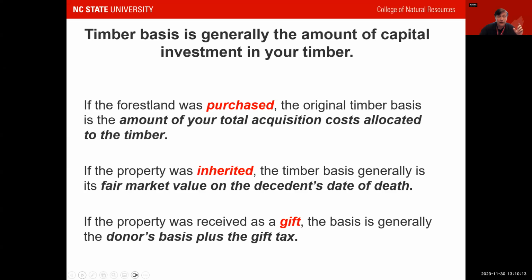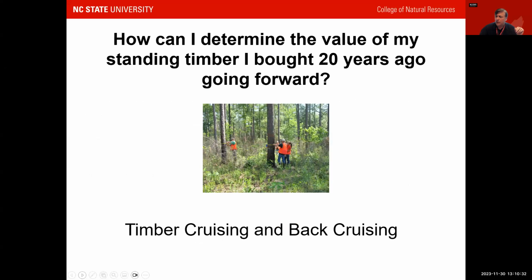If the property was received as a gift, the basis is generally the donor's basis plus the gift tax, which can be quite a bit. So just knowing how you came into the property can help you prepare and modulate your tax strategy.